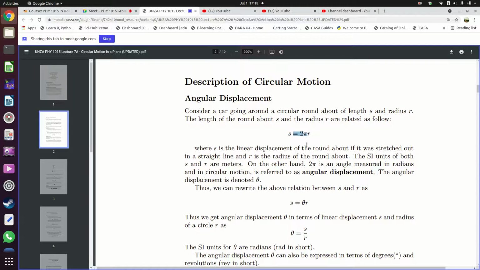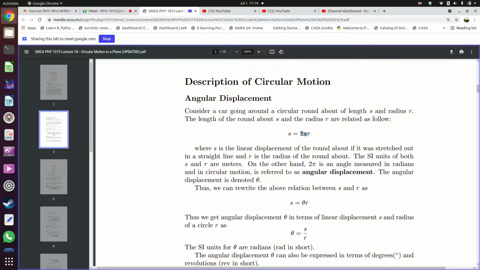If you multiply 2 pi r, then you are going to find the length of the whole circle. This 2 pi is an angle, and we know that 2 pi is equivalent to 360 degrees.